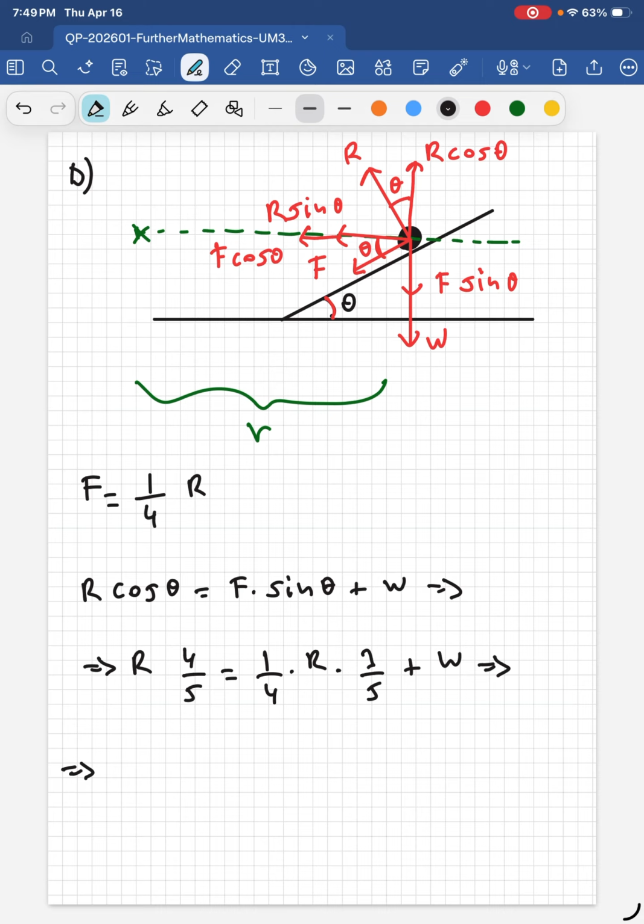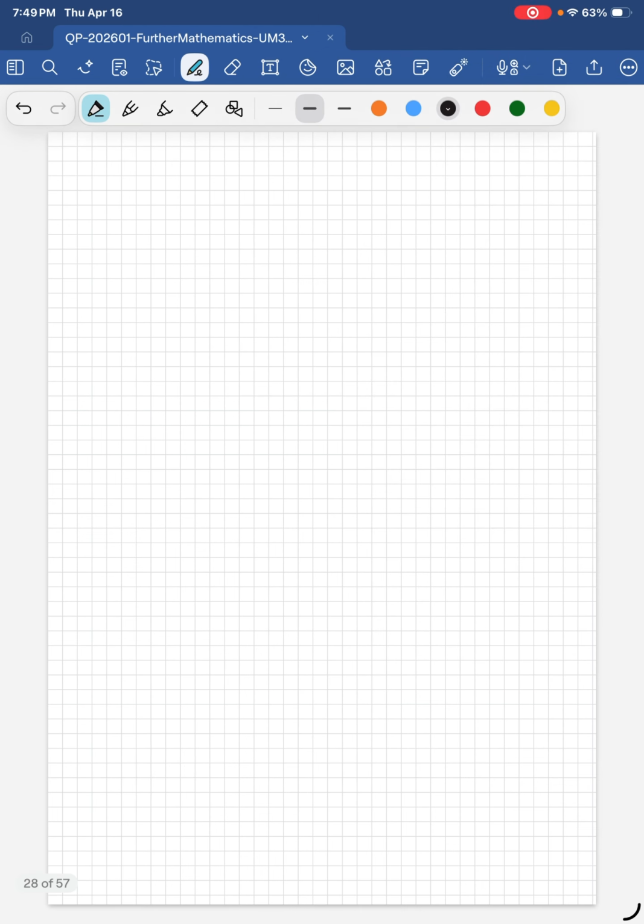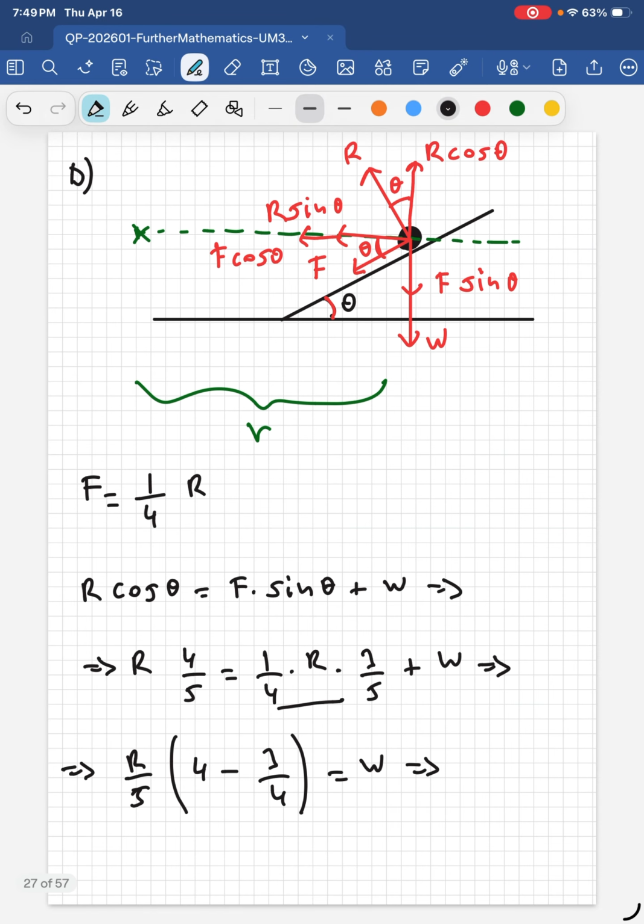Okay, so we have R/5 times 4, and then I bring this component to the left hand side, so minus 3/4 is equal to weight, right? So R times, let me think, 13/20, right?